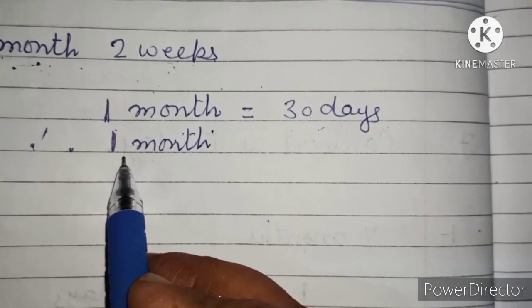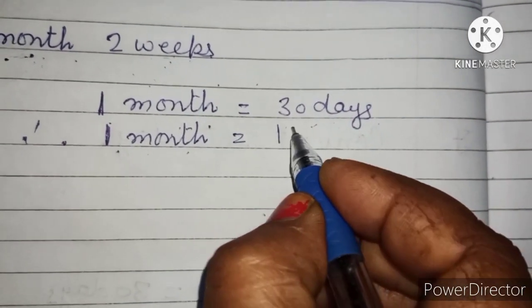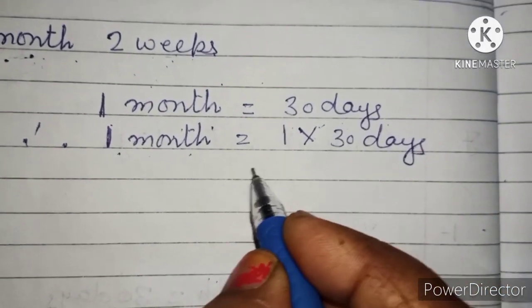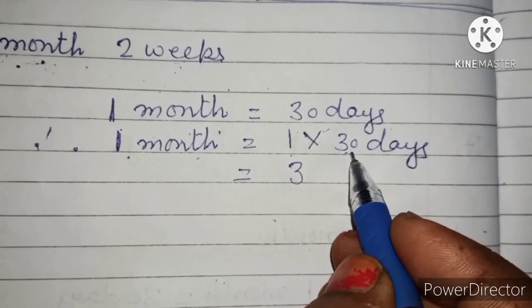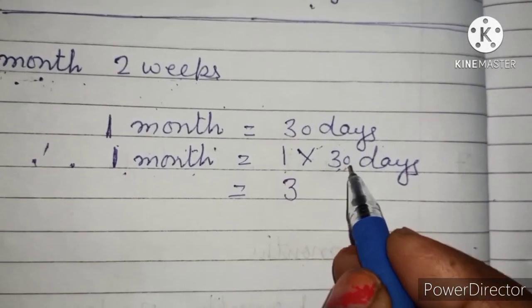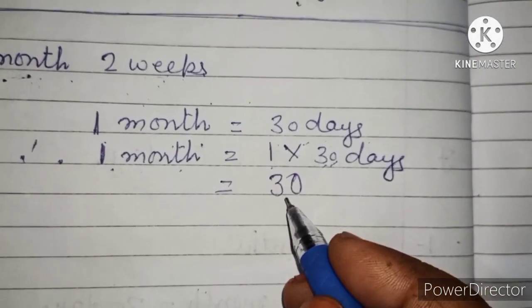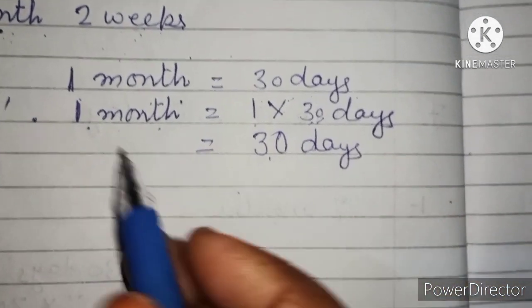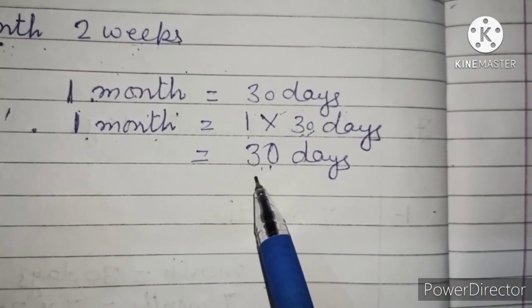So 1 month is equal to 1 multiplied by 30 days. 1 3 is 3. Here 1 zero. So put here 1 zero. So the answer will be 30 days. Now 1 month is converted into days.